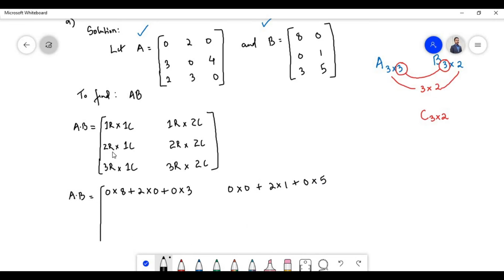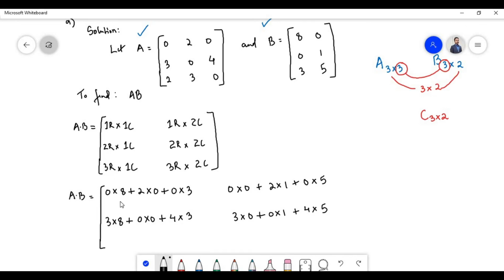Next second row with first column, that is 3 times 8 plus 0 times 0 plus 4 times 3. Next second row with second column, that is 3 times 0 plus 0 times 1 plus 4 times 5.